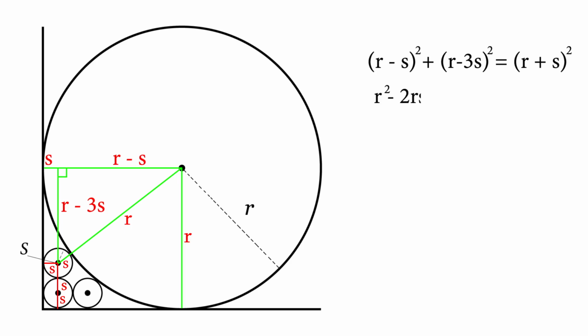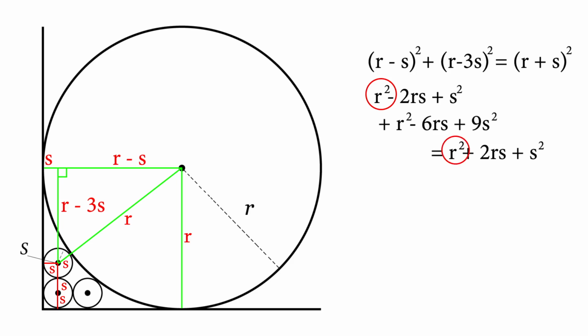We got R squared minus 2RS plus S squared plus R squared minus 6RS plus 9S squared. And then on the right side, R squared plus 2RS plus S squared. Let's see, a few things will cancel. This R squared will cancel with that guy, S squared, that guy. And then I think that's it for canceling.